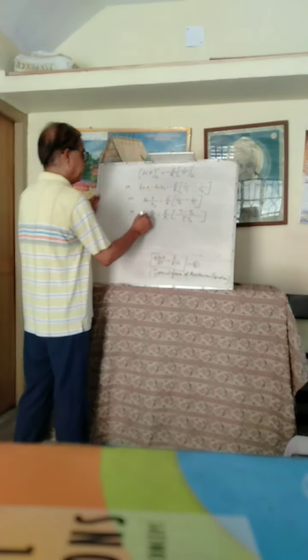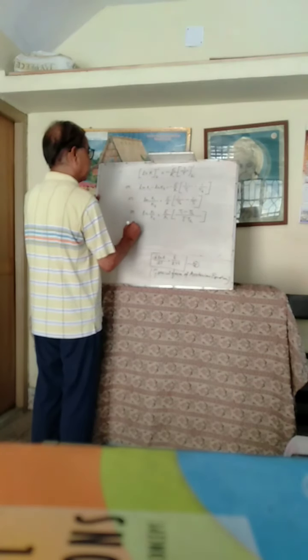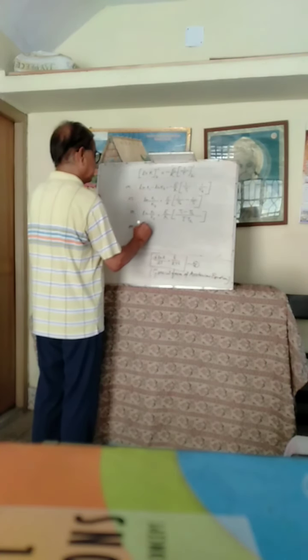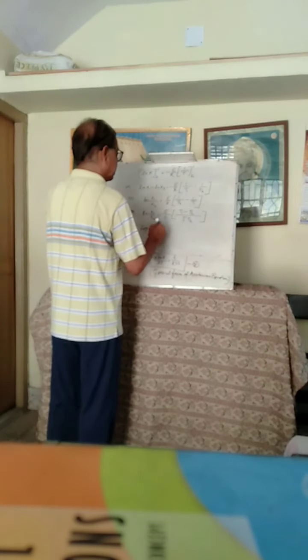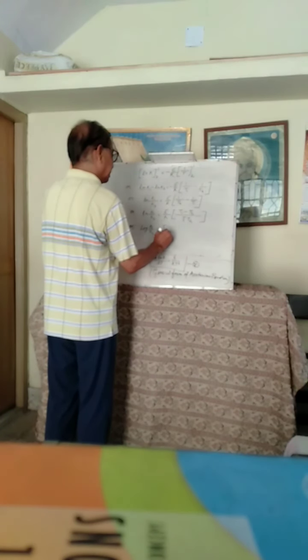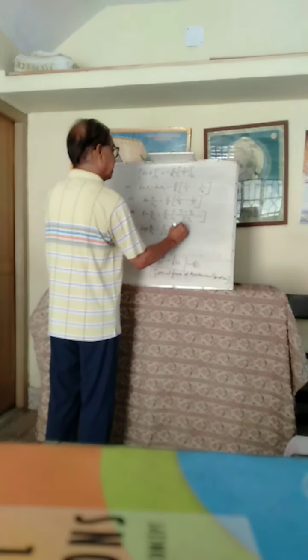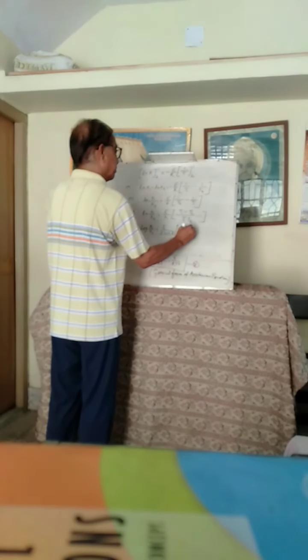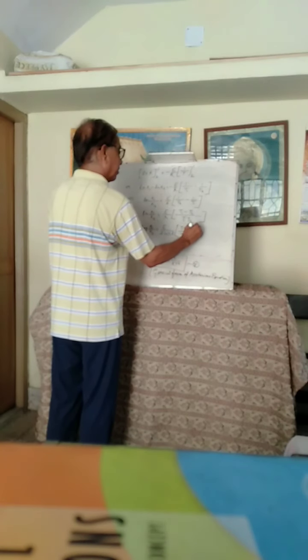Changing the form to log, log k1 upon k2 is equal to E upon 2.303 R into T1 minus T2 upon T1 into T2.